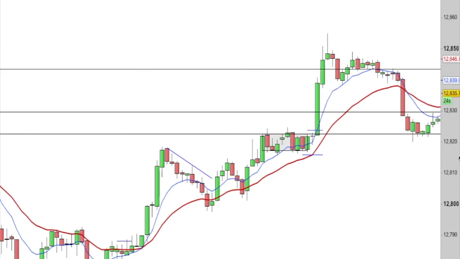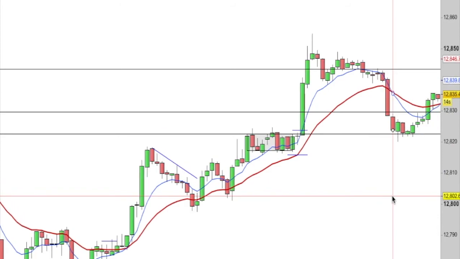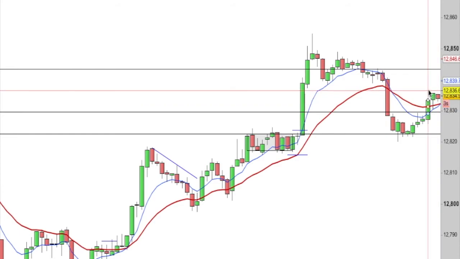And so again, you're looking for a close above the 8 exponential moving average, a pullback to the 8 exponential moving average that closes above it, which is there. That's the bear bar with a close above the 8 exponential moving average. And so potential breakout from the highs here.